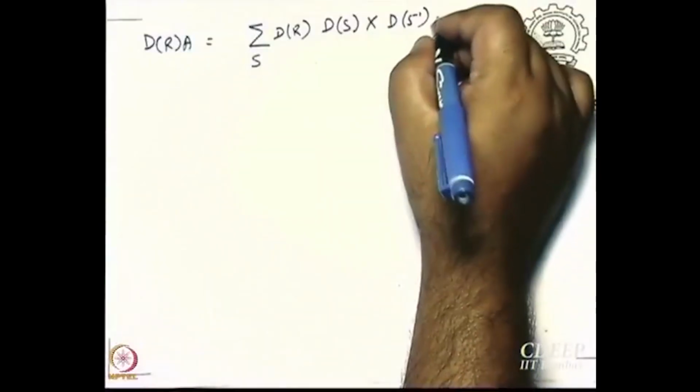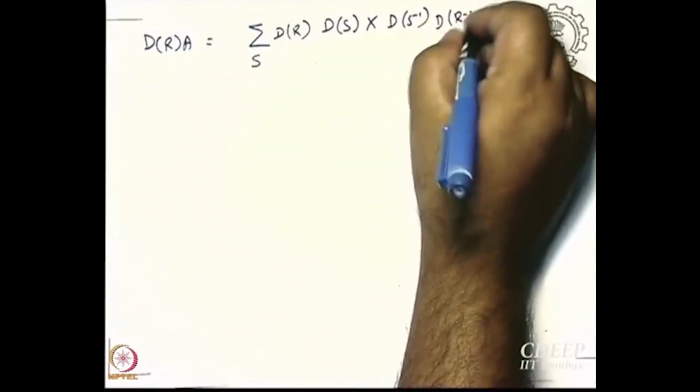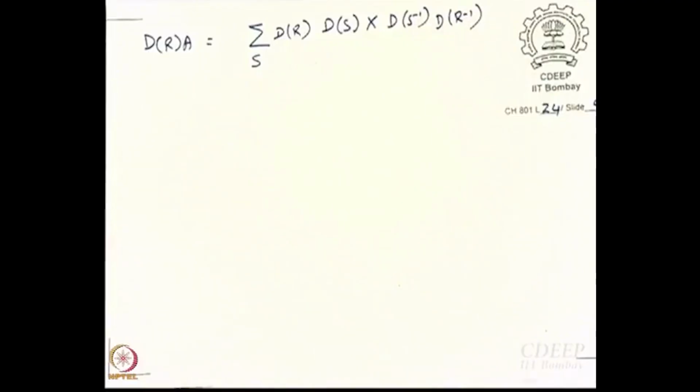So what I will do is I have dr ds and then I have x. I cannot do anything about x, x is x. But then I have ds inverse. So it will look kind of nice if I write dr inverse here. Symmetry, like inversion symmetry. But of course, it is not enough if I write dr inverse and stop there.